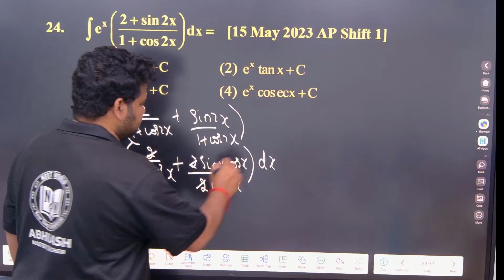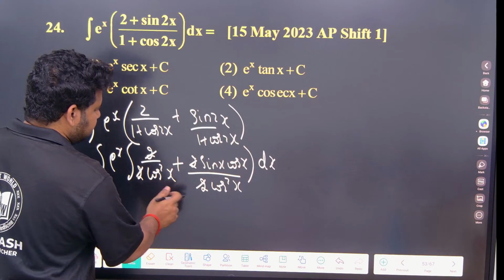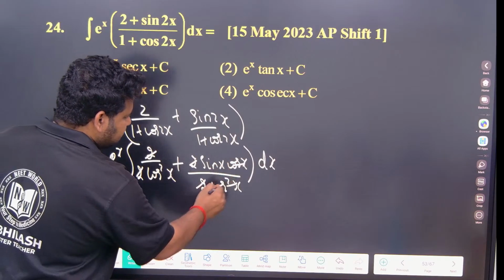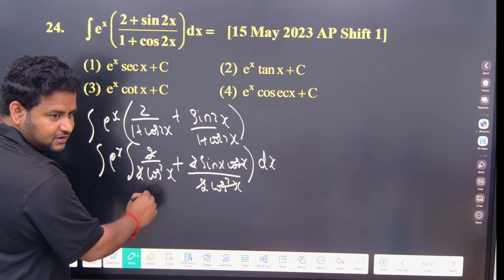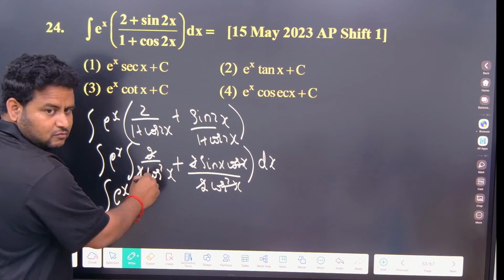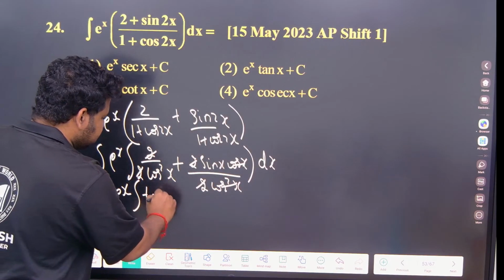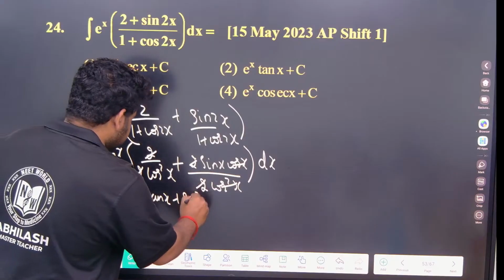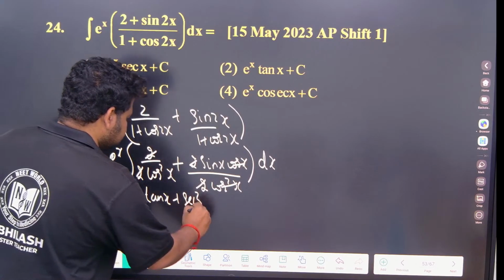Now cos square x is there. Here cos cancels, so sin x by cos x will become tan x, and 1 by cos square x will become secant square x. So I can write e power x into (tan x plus secant square x) dx.